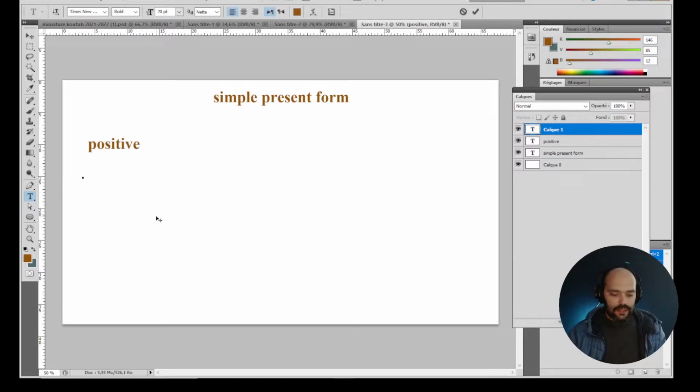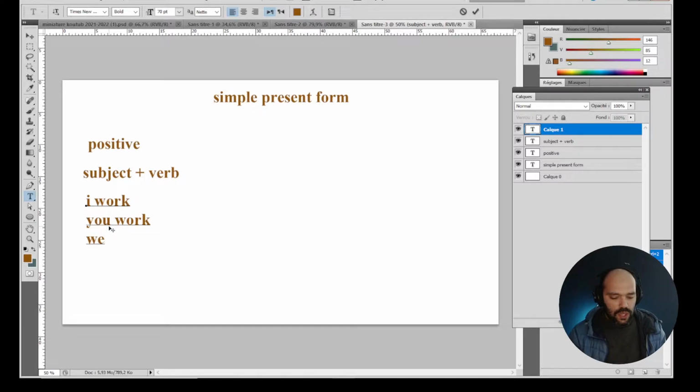We form like this: subject plus verb. Let's take examples. I work. You work. We work.